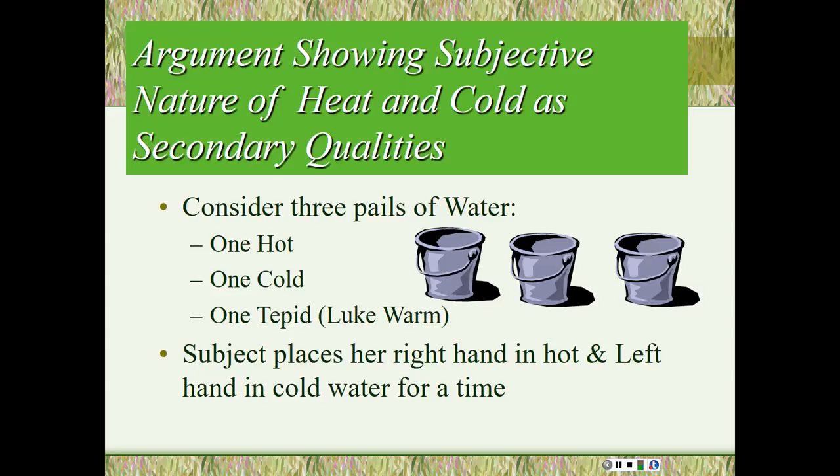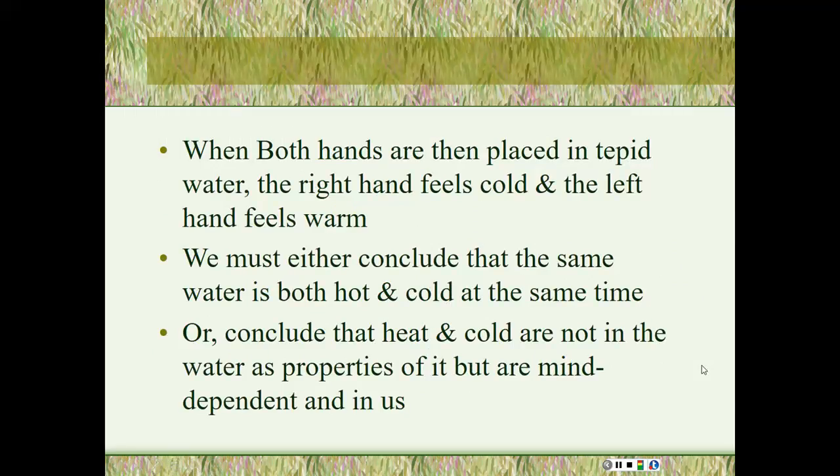So how do we get out of the contradiction? Well, Locke says the way we get out of the contradiction is to say that heat and cold are not properties of the water, but they're in them only as subjective feelings caused by the water in us.